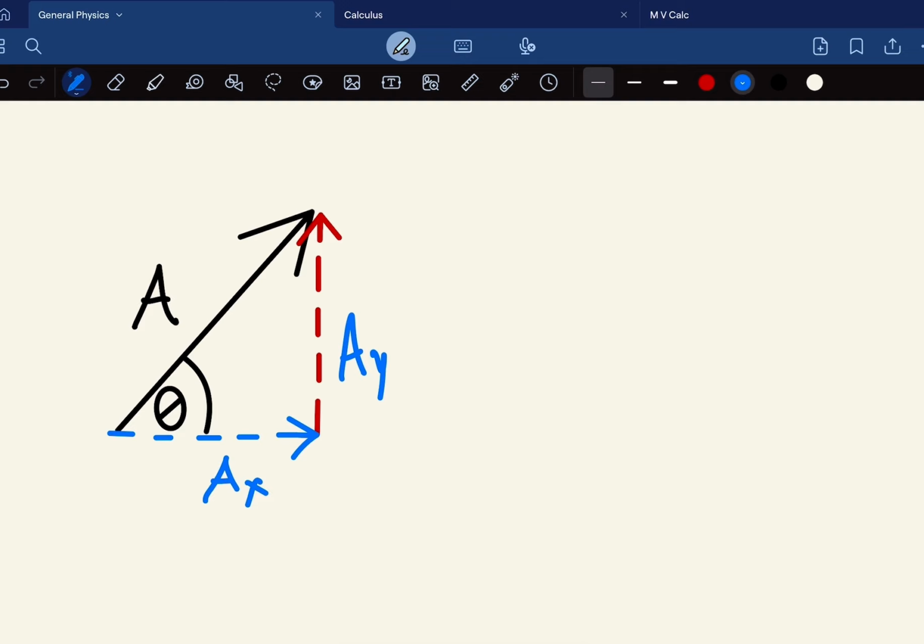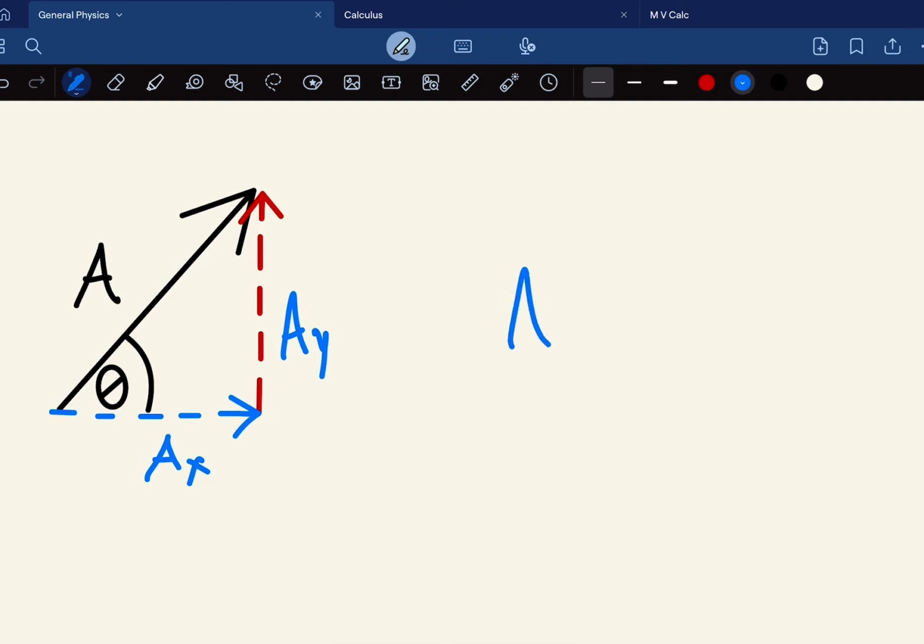Now we know by the Pythagorean theorem that a squared equals ax squared plus ay squared, as that is the formula for the hypotenuse of a right triangle, which this right here is.